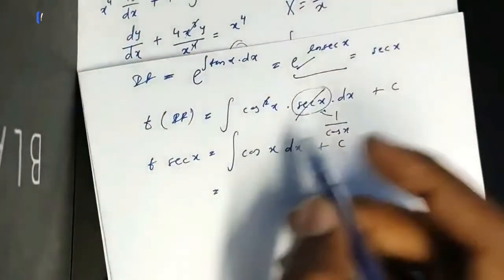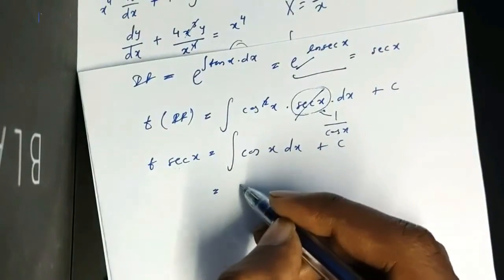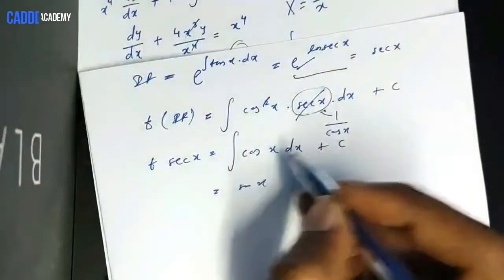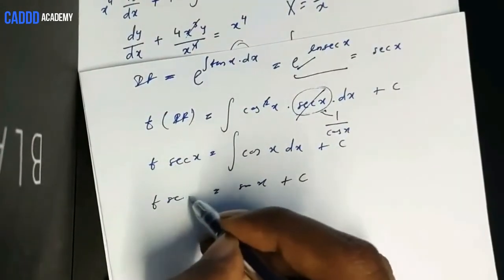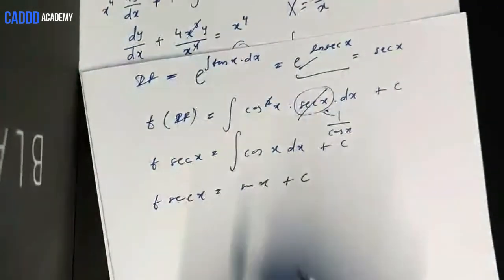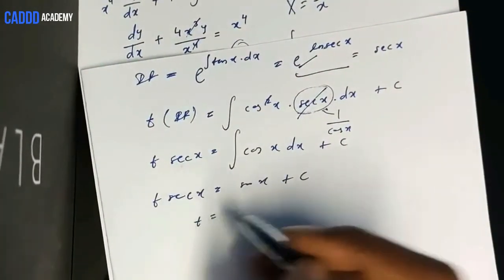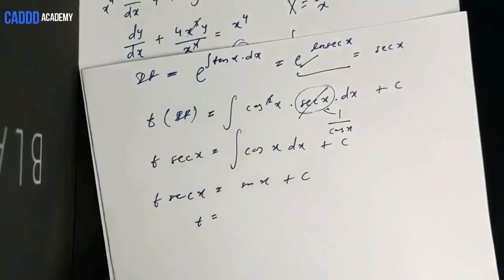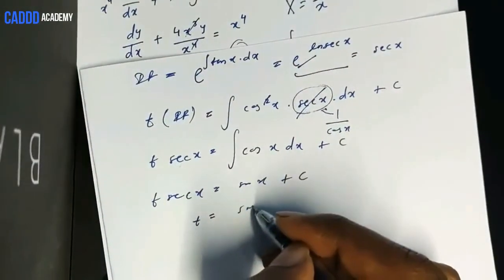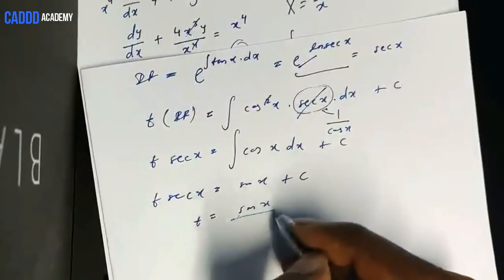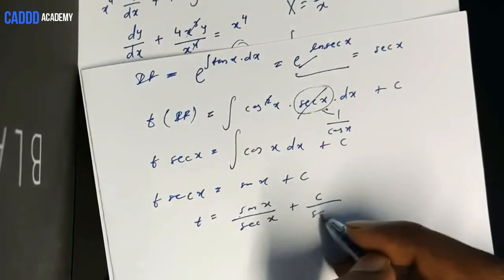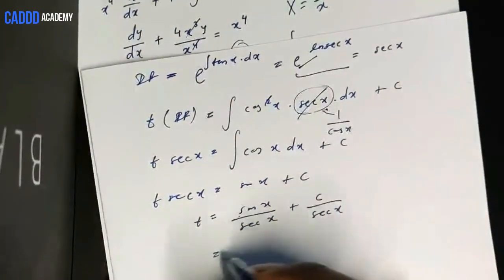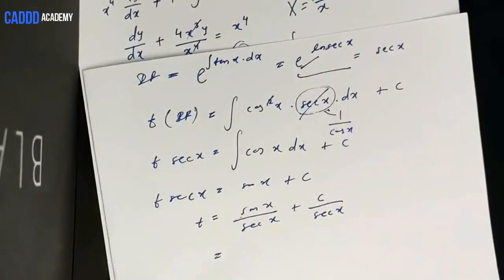Okay, so let's do the integration. Integration of cos x is sin x plus c, and here we have t into sec x. So t is equal to sin x by sec x plus c by sec x.